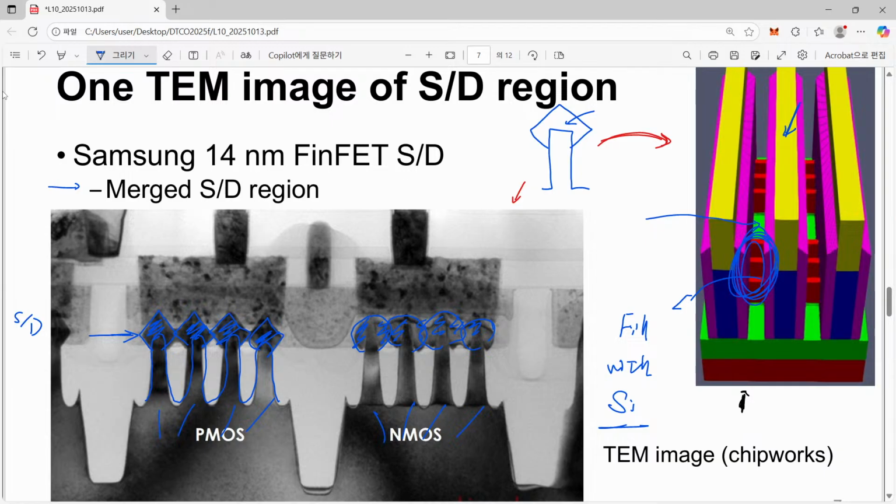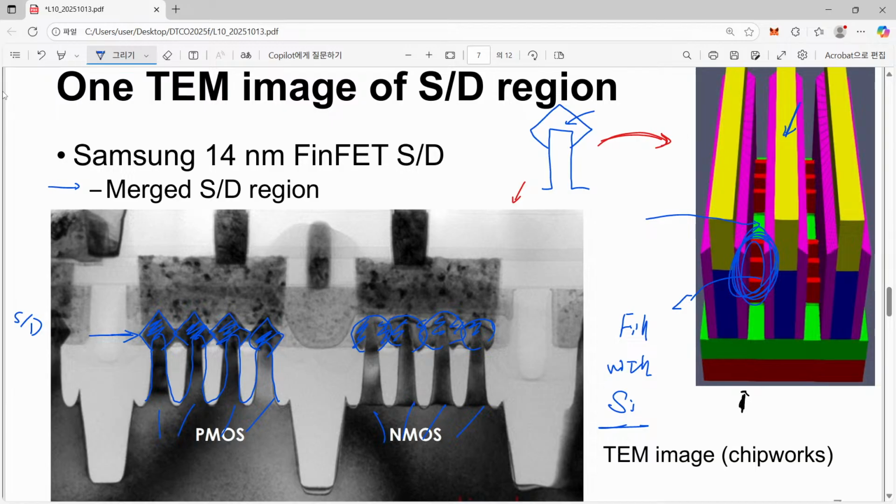If we have this merged source and drain, then of course we have a wider silicon, so that is good for reducing the resistance. But another point is, if we make this kind of relatively large source and drain, then it is really difficult to control variation. Sometimes they are merged, and sometimes they are not merged due to process variation.